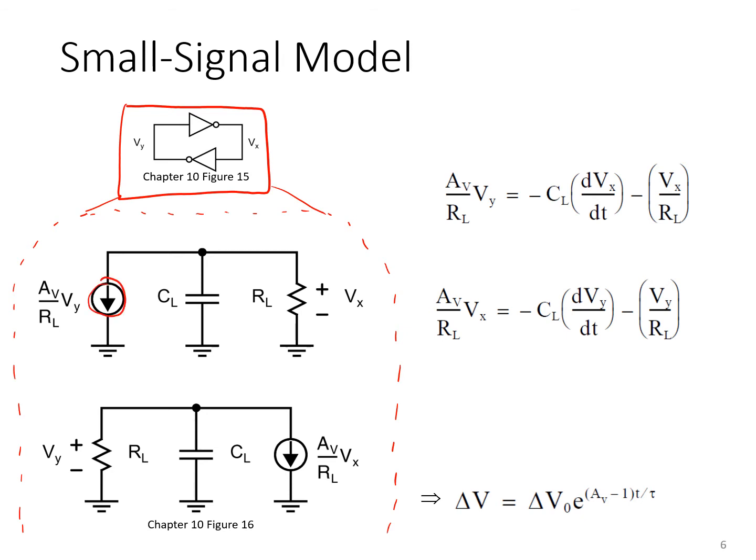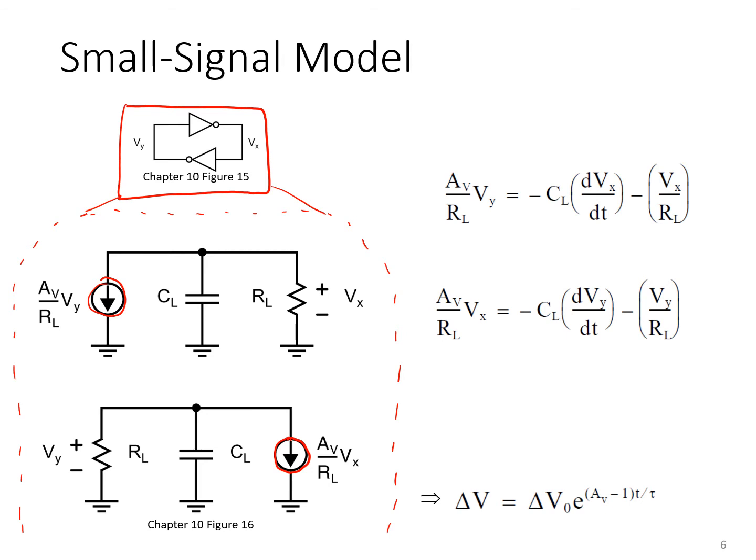That's what's represented by these voltage-dependent current sources, the sum of the small signal transconductances of the two constituent transistors for each inverter. And they're drawing a small signal current that depends on the input voltage.